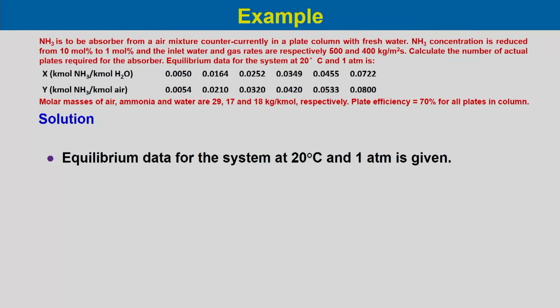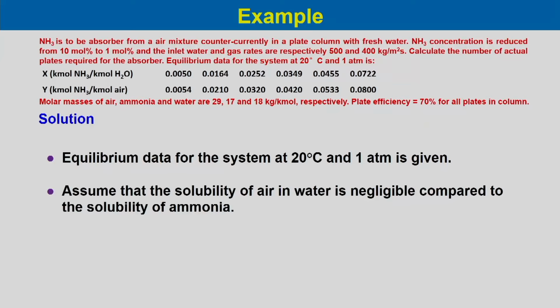Now, assume that the solubility of air in water is negligible compared to the solubility of ammonia. So, air is considered as an inert carrier gas with respect to ammonia and it is insoluble in water.